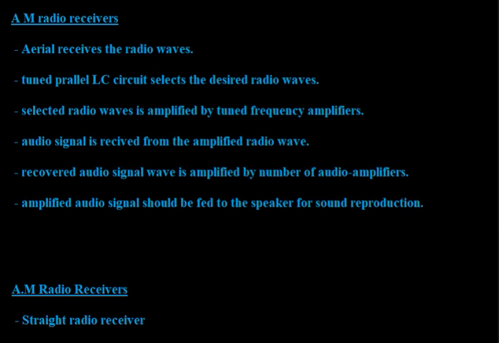The first stage of a receiver is to receive the radio wave, and the final stage is the production of the recovered audio signals into sound. In between these two steps, that is the receiving and the reproduction of the sound, we can have different steps involved in the receiving stations.